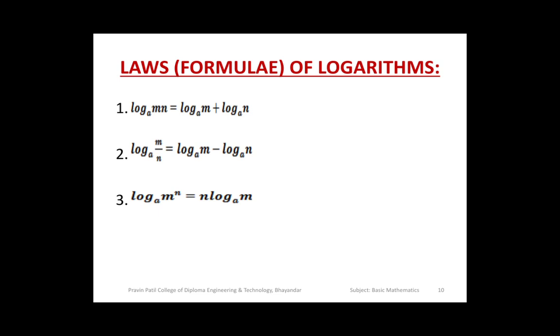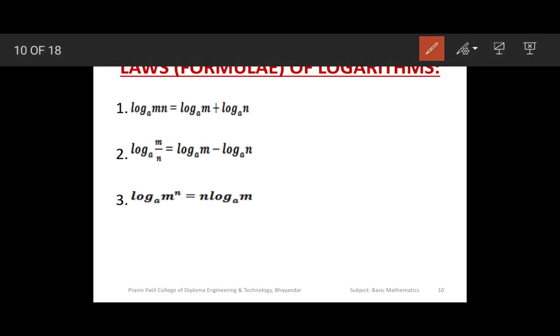The main three formulas. The first formula says that log m into n to the base a equal to log m to the base a plus log n to the base a. That means what? See, m and n are any number. a is any base. Base may be anything.